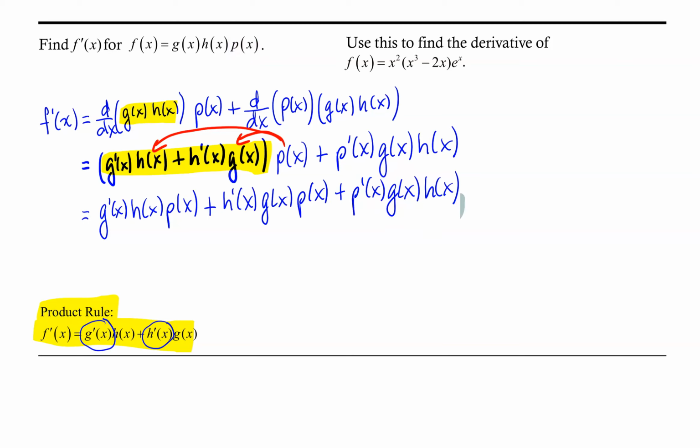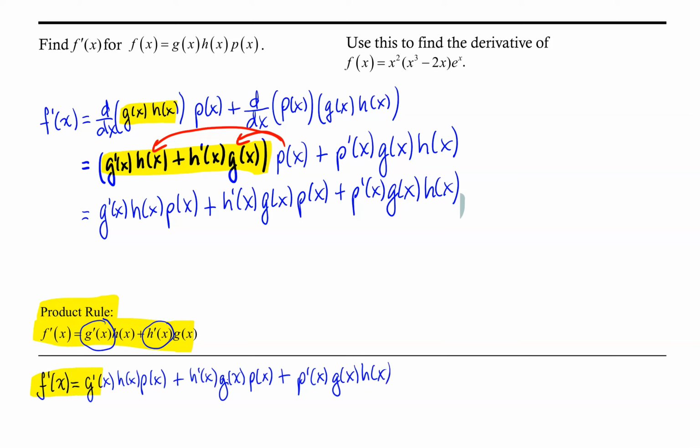So we could generalize or extend the product rule here below and say that f prime of x is equal to g prime of x times h of x times p of x plus h prime of x, derivative of the second factor, multiplying by the other two original factors, plus the derivative of the third factor, multiplied by the other two original factors, h of x and g of x.